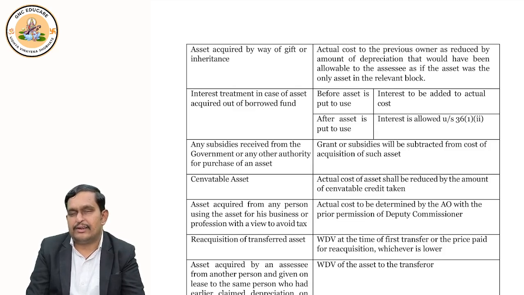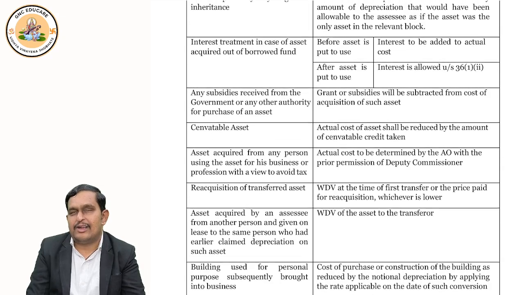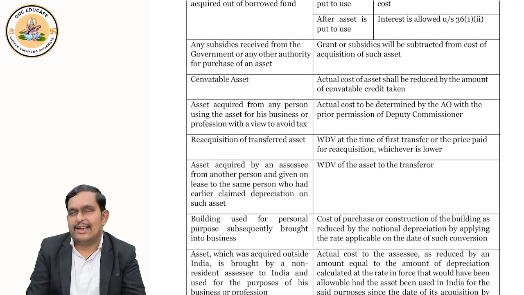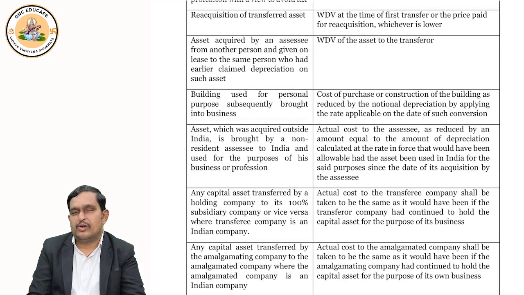Now come to the next point. Suppose I sold the asset and again took it on lease basis. What should be the cost to the lessor? Lessor means not me; now I am the lessee.